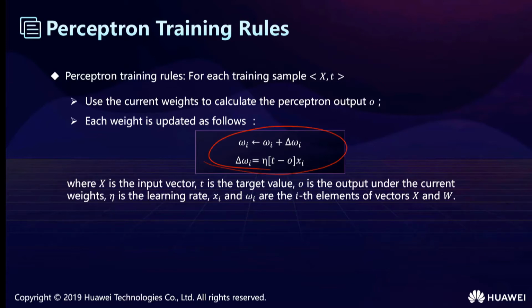T is the target value, O is our output, eta is the learning rate, and xi and wi are the ith elements of the input vector and the weight vector. When the training samples are linearly separable, the perceptron training rule is applied repeatedly.